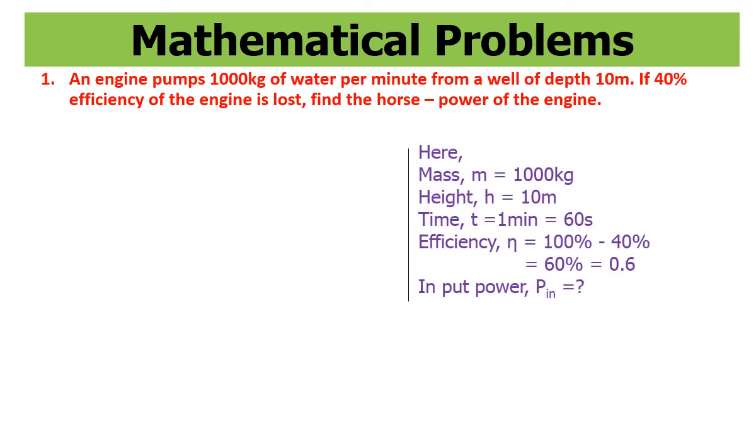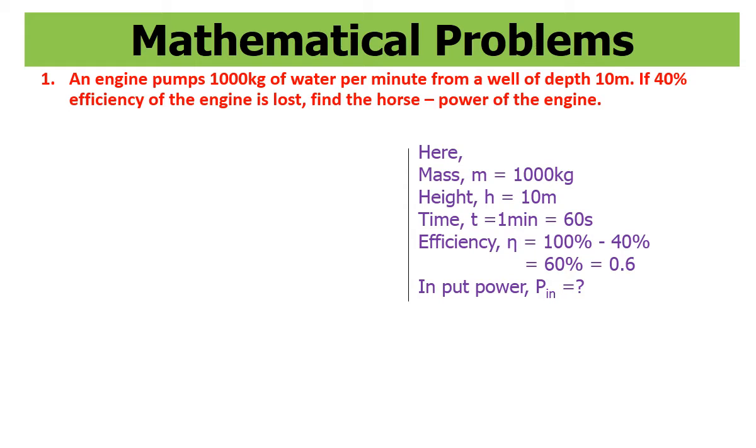The mass of the water is given 1000 kg, height is given 10 meter, time is given 1 minute, and we have to convert minute to seconds, so we multiply by 60, then the result will be 60 seconds.